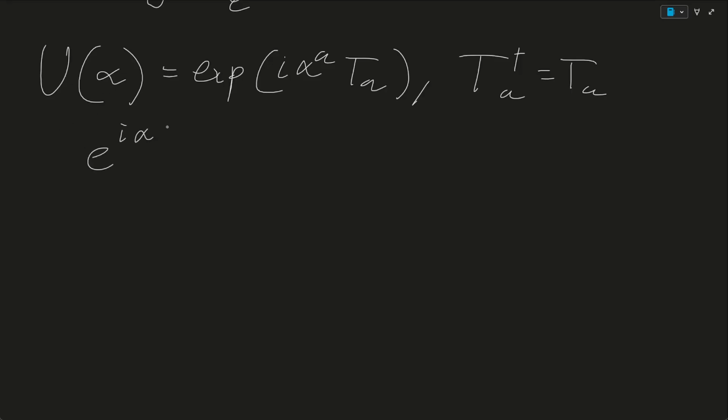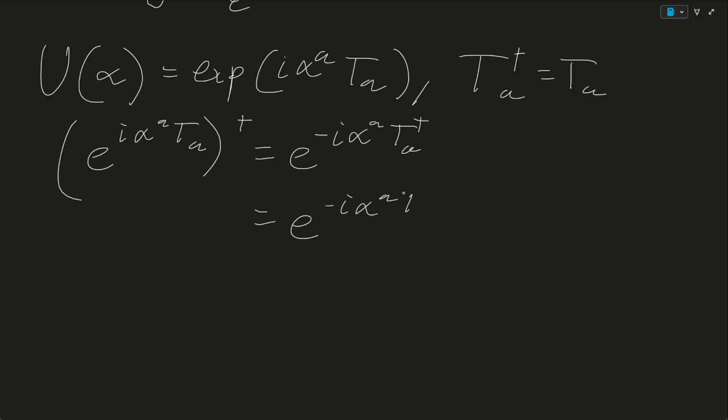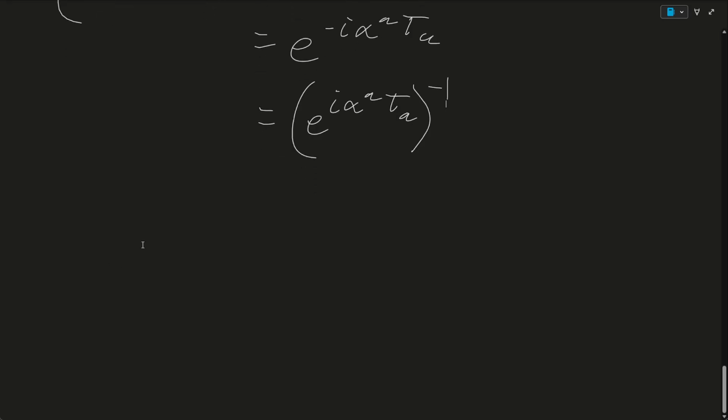So e to the I alpha to the A T sub A transpose is e to the minus I alpha to the A T sub A, which is just e to the I alpha to the A T sub A to the minus 1, and hence U transpose times U is equal to I. Thus it is verified.